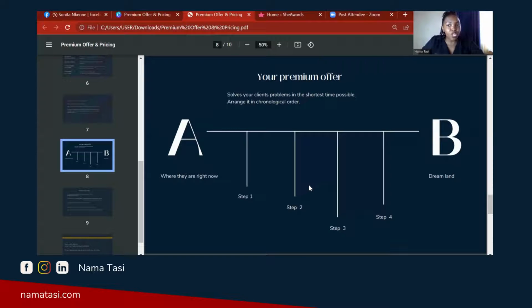And remember, your clients need to move from step 1, 2, 3, 4. And let me tell you the truth, because your premium offer solves a particular problem, people are going to come in to find this particular solution. They'll have everything else.